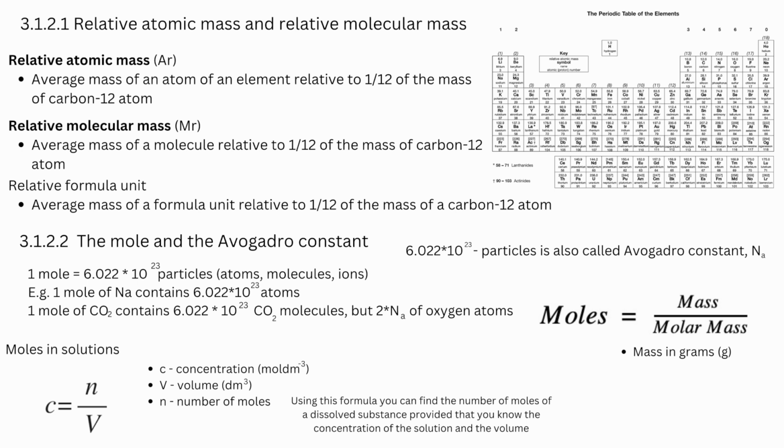And because of that, relative molecular mass does not work with them, because it can only be used for molecules. Instead, ionic compounds have relative formula mass, which is defined as the average mass of the formula unit relative to 1/12 of the mass of a carbon-12 atom. A formula unit is the smallest unit of a non-molecular substance. An example could be NaCl or any ionic substance.